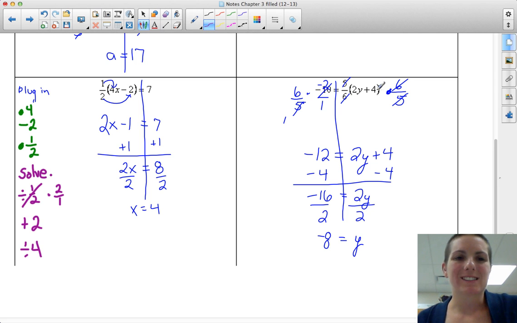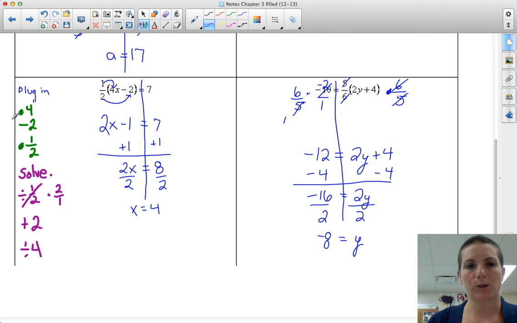Alright, I hope you paused and I hope you went back and looked at these. Notice that in that first problem I wrote down my list of what I would do if I plugged in a value. Multiply by 4, then subtract 2, then multiply by a half, which means that when I go to solve, I should really multiply by 2, then add 2, and divide by 4, if I weren't going to do the distributive property first.